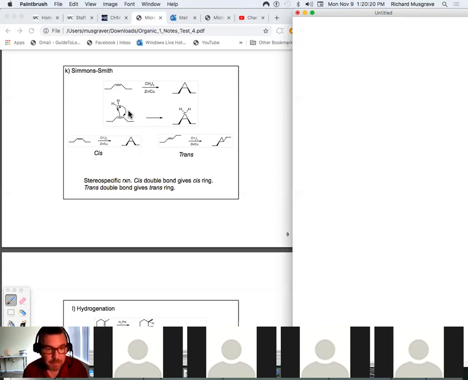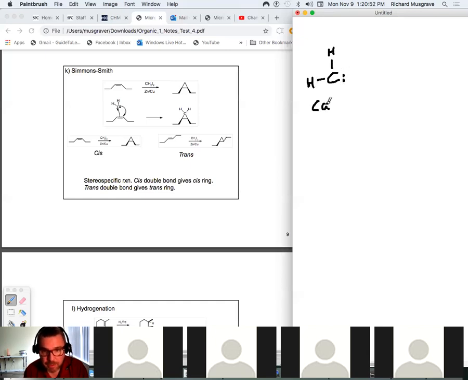The mechanism is as follows here. The CH2I2 and the Zn(Cu) here, it's called the zinc-copper couple. It's kind of like a battery in a way. And it runs an electric current through CH2I2 and turns it into this creature, which is CH2, which is a wonderful creature called a carbene.